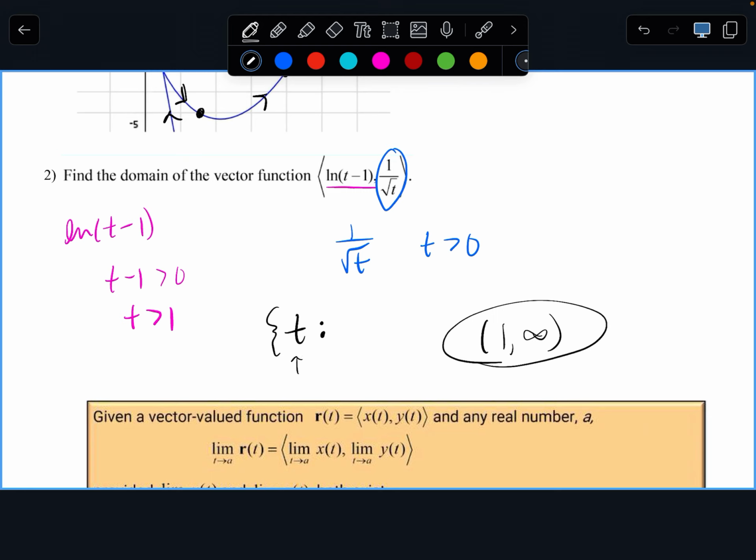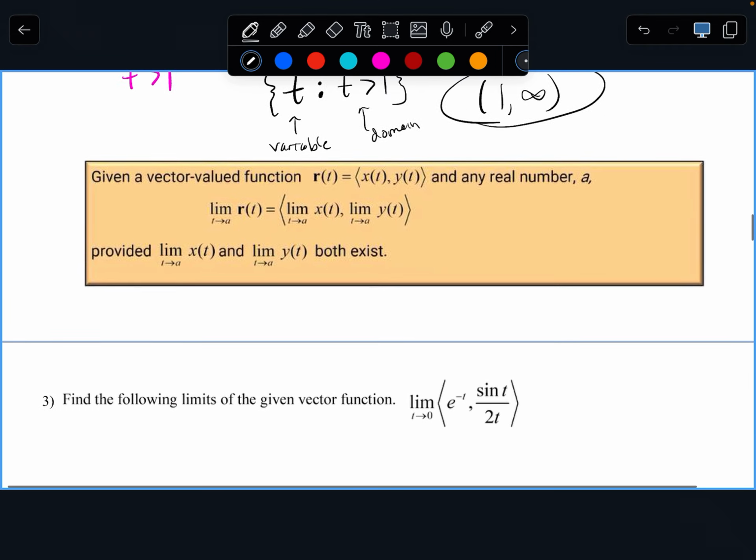This is just for fun facts so you remember it. It's just a different way to write it, but it's a thing, because once you get into vectors, they usually use the set notation.